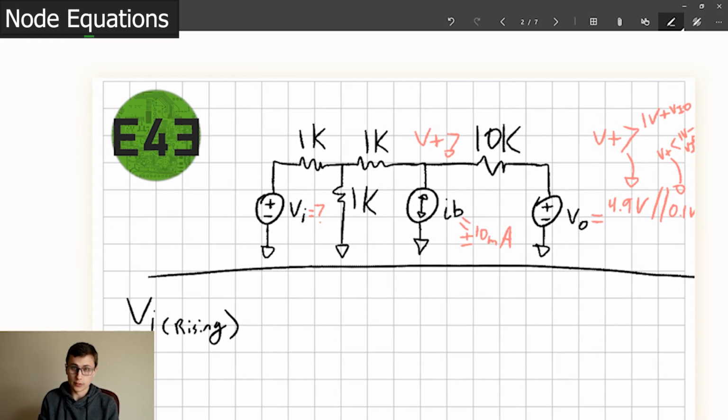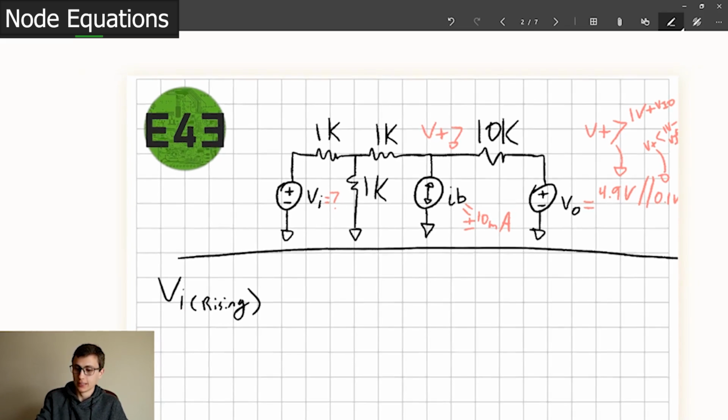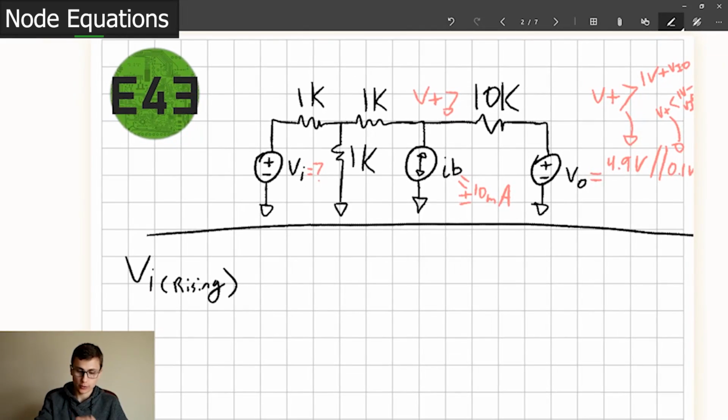We can either do this by solving using node or mesh analysis, and then plugging in some numbers and showing the power of a math calculations workbook, or we could do it the hard way and calculate the same thing 4 times. So let's do the first one. Let's show you how this thing works.